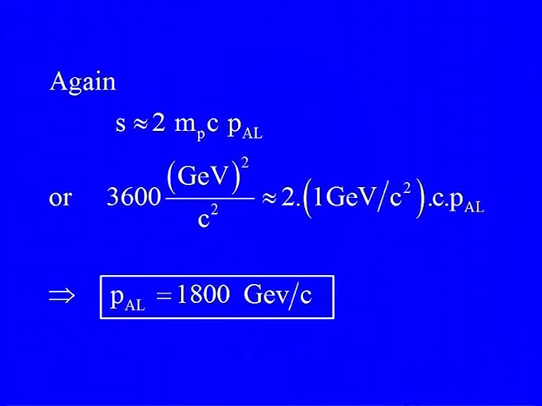We can also relate this to the lab system momenta, as we have seen. That's equal to twice the mass of the protons times the velocity of light times the linear momentum. If you plug in all these quantities, you will get the linear momentum in the lab system to be 1800 GeV/c, which is huge.